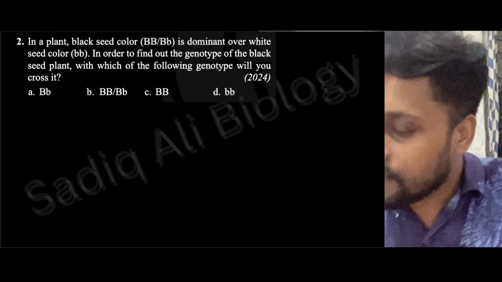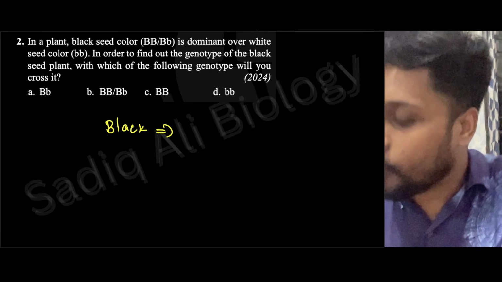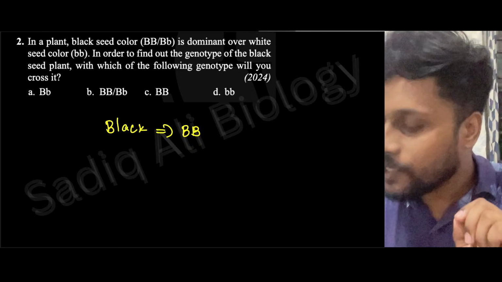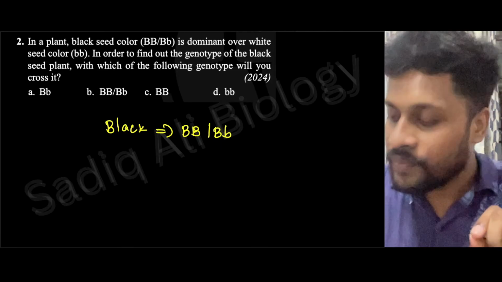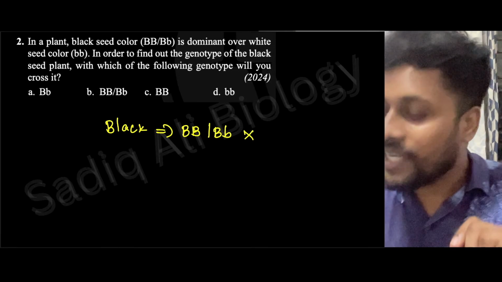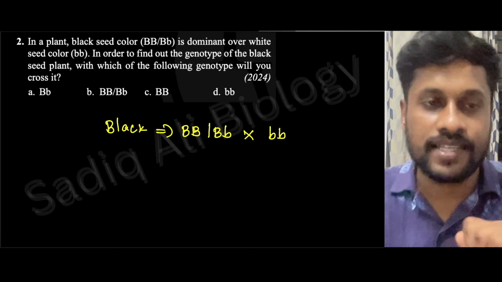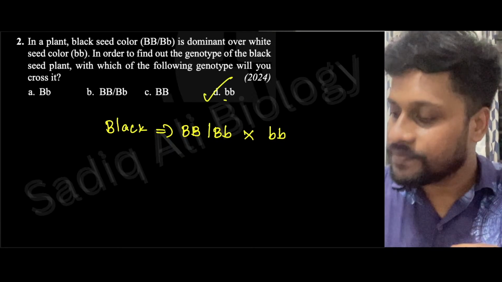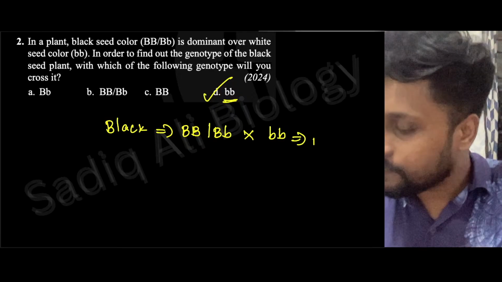When I say black, there are two probabilities. The genotype could be either capital B capital B, or capital B small b. How can we determine that? We can determine it by doing a test cross. Test cross means we cross with a homozygous recessive. So the answer will be option D. And this cross is called test cross.